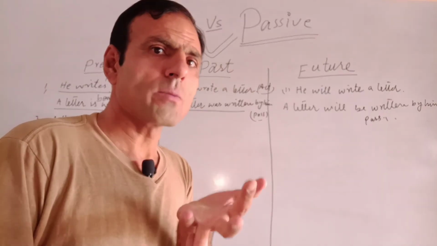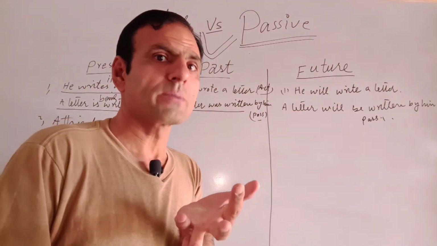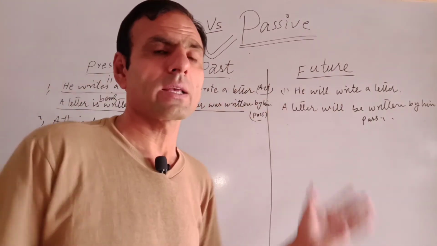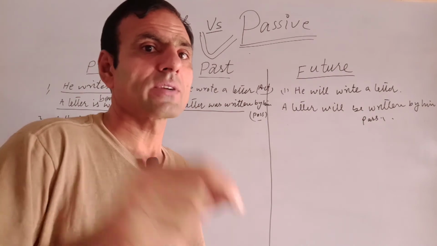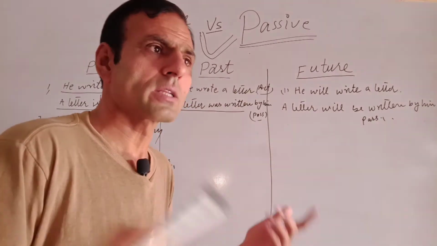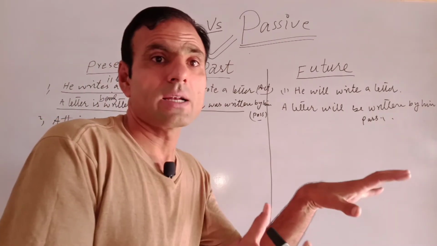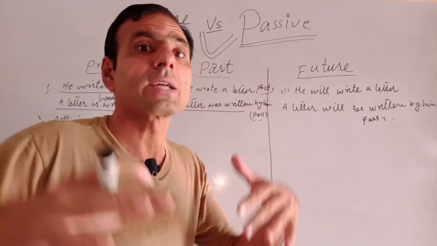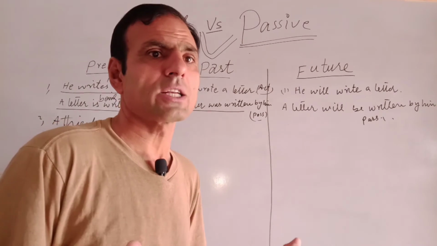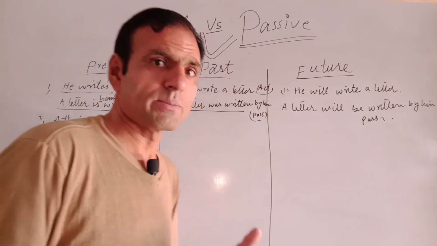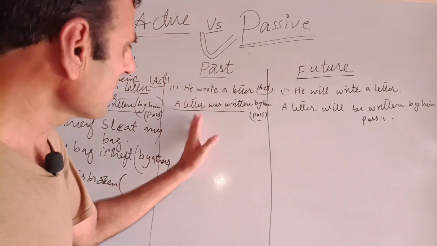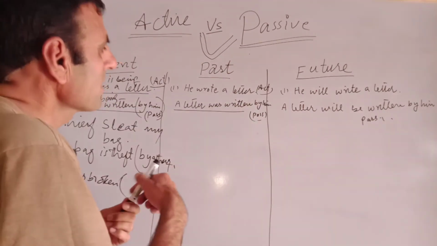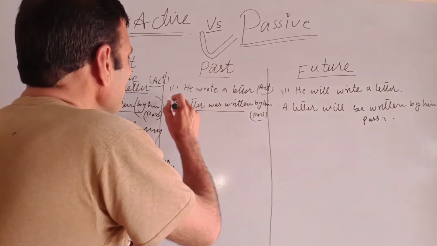We know some action could be done by someone, like stealing is the job of a thief, writing is the job of a pen, and so on. And somewhere we just hide it because we have to keep the secrecy of someone. Someone may get in trouble if we reveal that this action has been done by someone else. Okay, a letter was written by him. This is past simple passive voice.